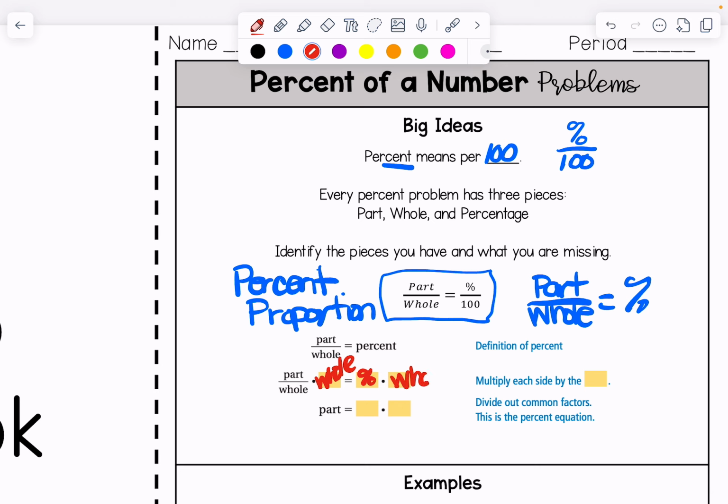So whatever you do to one side of an equation, you do to the other. If I multiply by the whole over here, now I just have the part by itself. And so we could think the percent times the whole is going to equal that part.